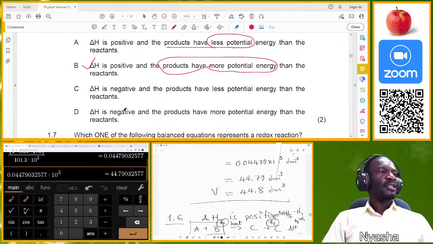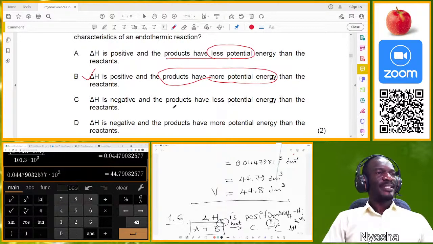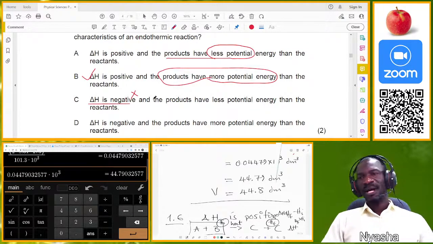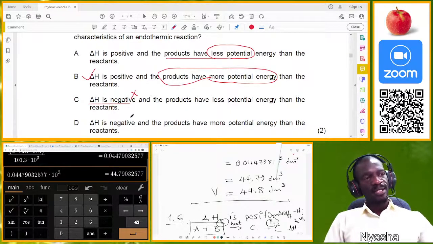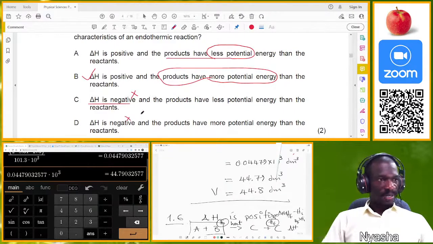Then the third one says delta H is negative. This one is outright out. Our delta H cannot be negative for this reaction because we're actually adding heat into it, right?